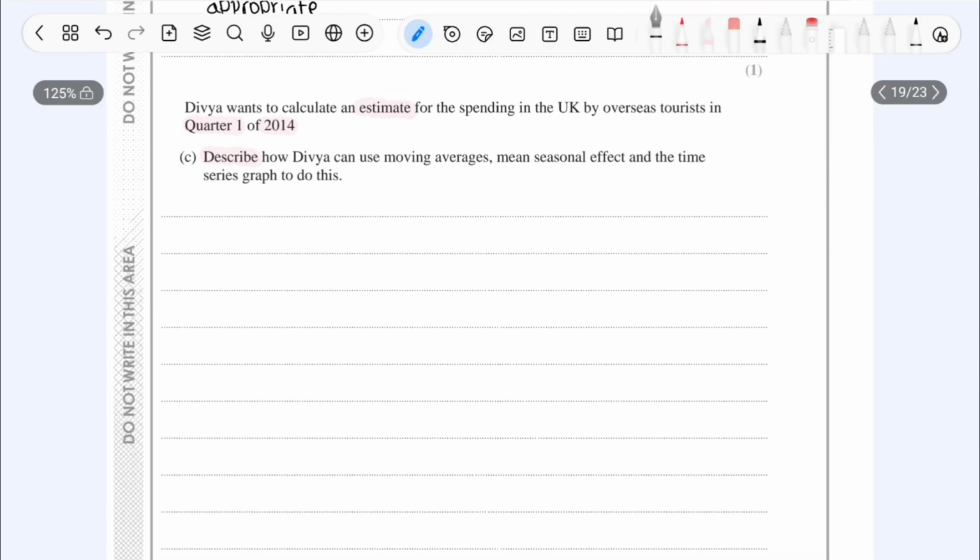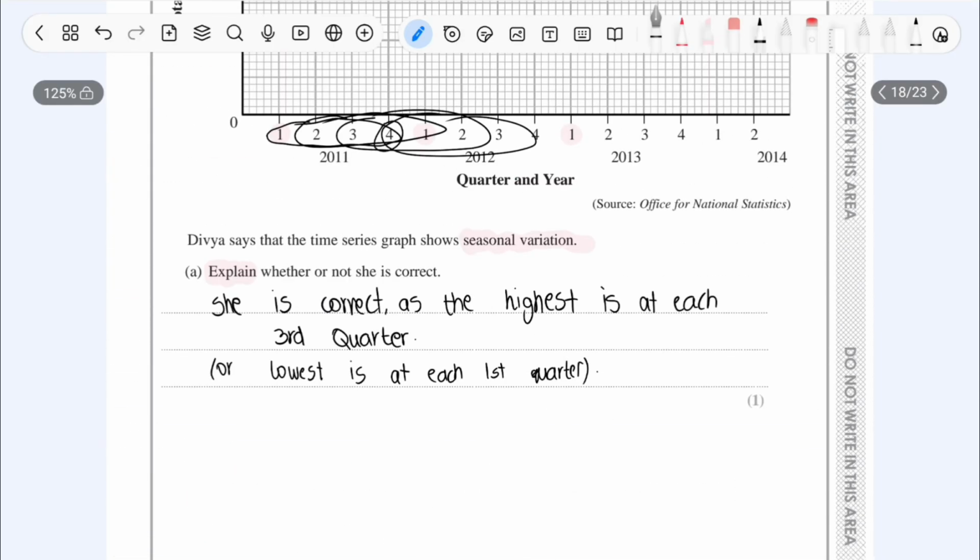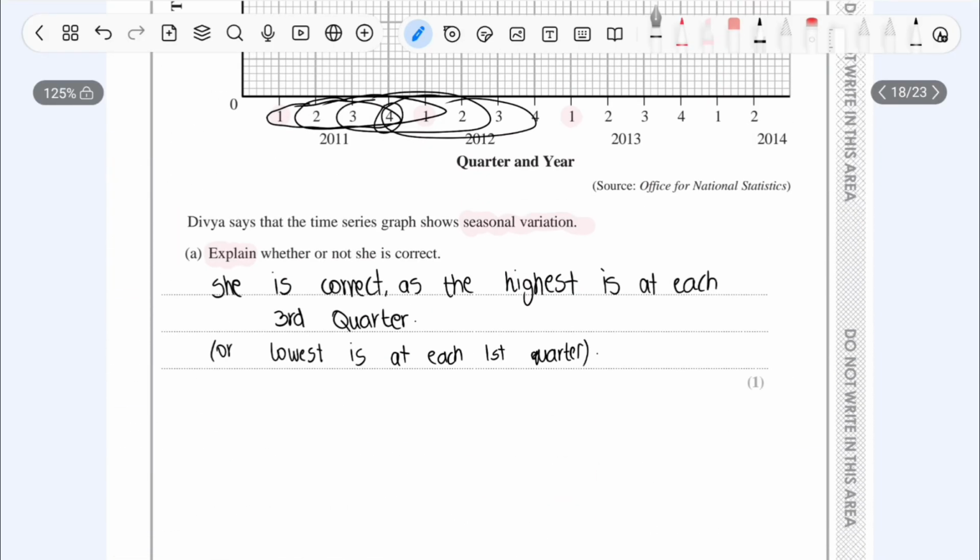Well, the first thing I said is that we need to plot 4-point moving averages. And now with the averages, we plotted all these points, and then we drew the trend line.